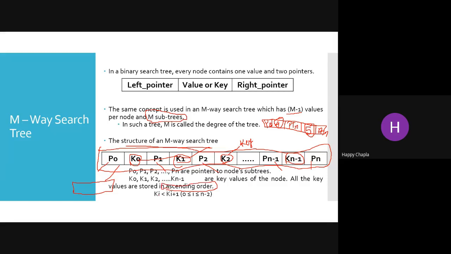Now if you are inserting ki, then your next element should be greater than ki. So you can see something like this: if your first element is 10, then your next element should be 11 or greater than 10. You cannot insert 9 over here. This is not the correct thing.